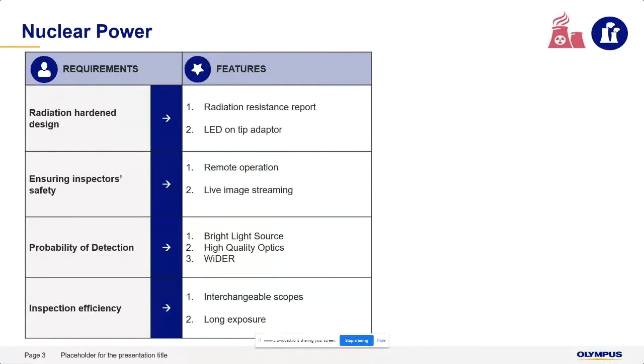So whatever you put into a radioactive environment will degrade over time. So having a spare scope is useful instead of having an entire spare video scope system. And then long exposure for the nuclear power industry and many other industries.